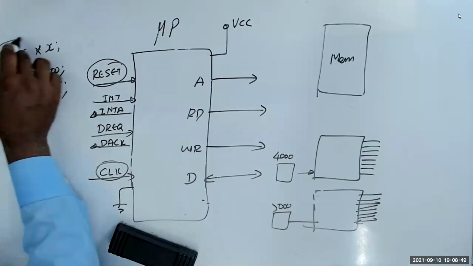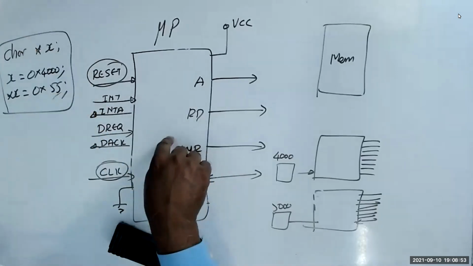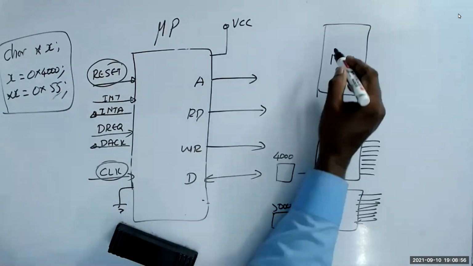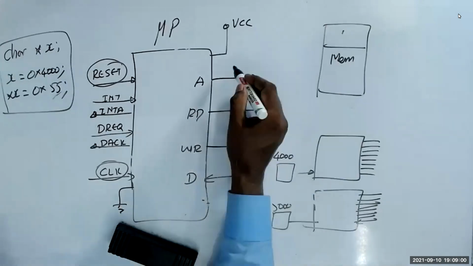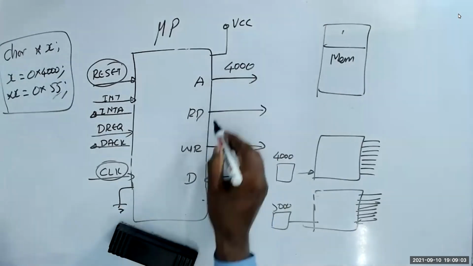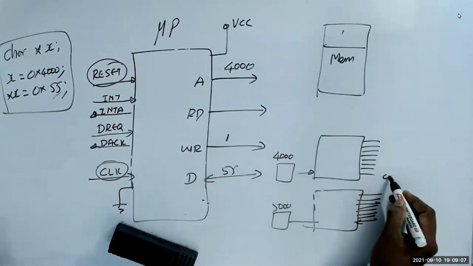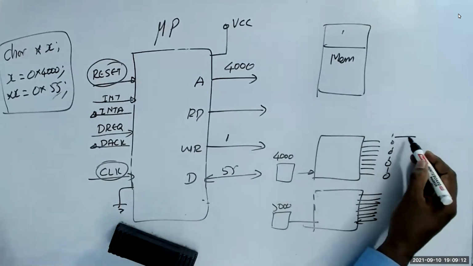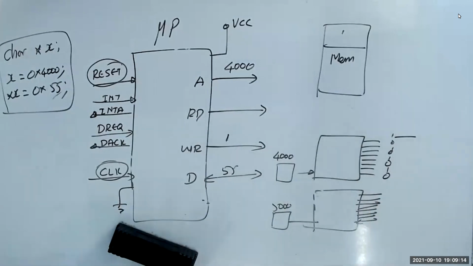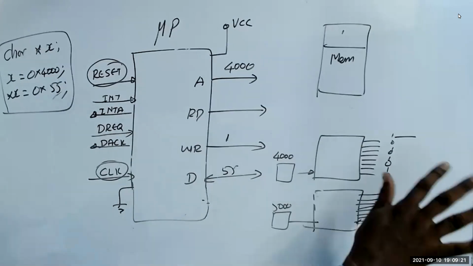You write a program in C and run it on the microprocessor, and you save it on the ROM, and the microprocessor executes your code and gives the address 4000 and writes data 55, and it will come here as 01, 01, 01, 01. So if you connected a motor or a bulb or whatever it is, that will be on. It is very, very straightforward, simple and direct.